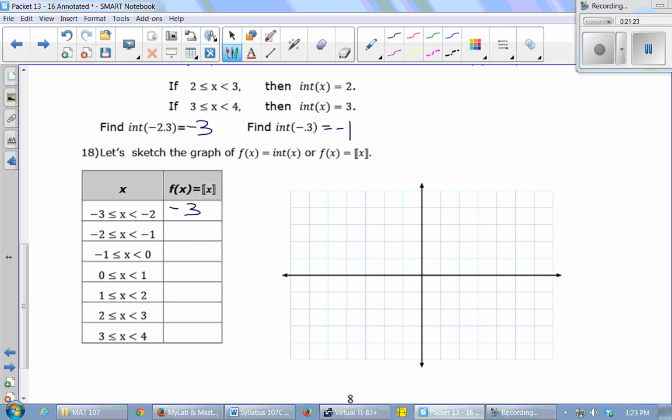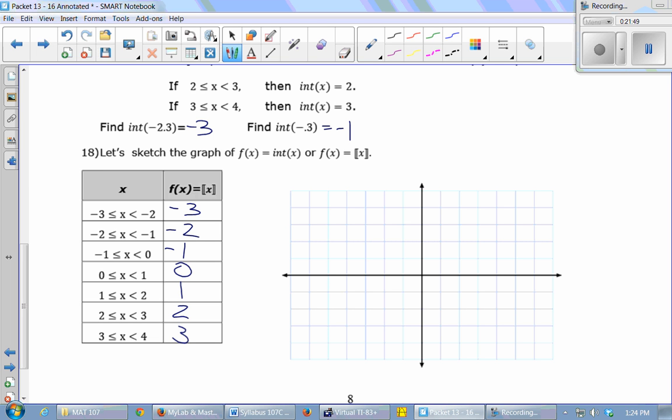Nope. Negative 2. And negative point somethings? Negative 1. What about numbers between 0 and 1? If I round them down, where do I land? 0. Numbers between 1 and 2, round them down, you land at 1. 2 to 3, round down, you get 2. 3 to 4, round down, you get 3.